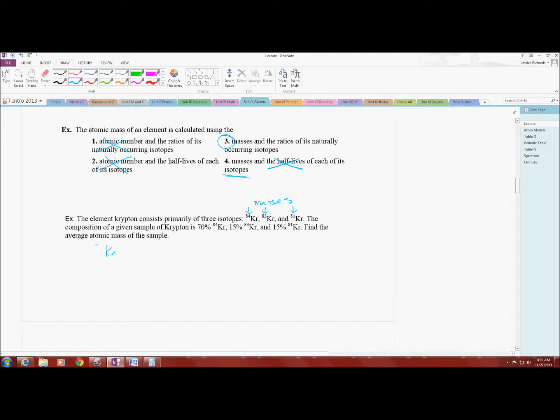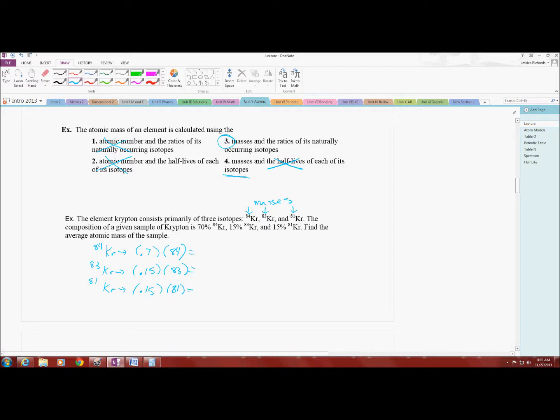So what I would do is say, well, krypton 84, 70%, so 0.7, has a mass of 84. And for krypton 83, 15%, or 0.15, has a mass of 83. And for krypton 81, it is also 15%, so 0.15, has a mass of 81.